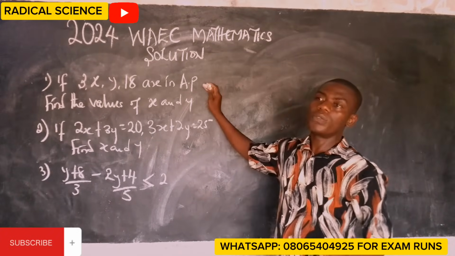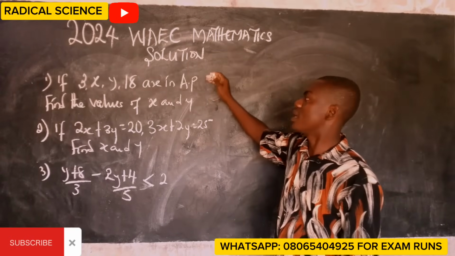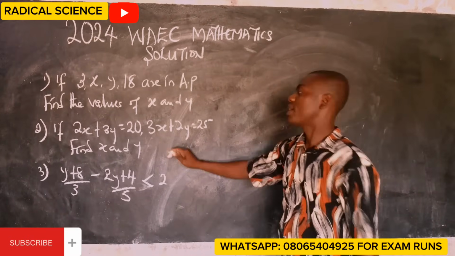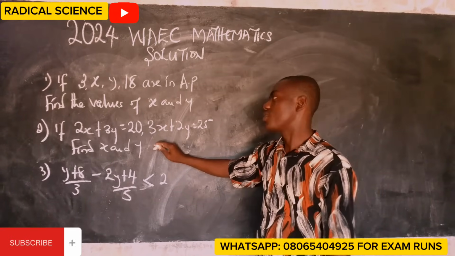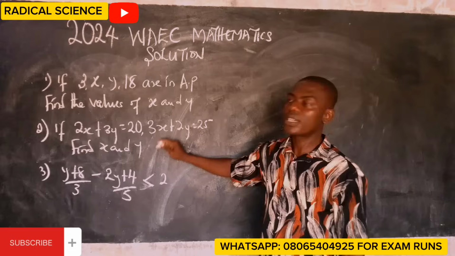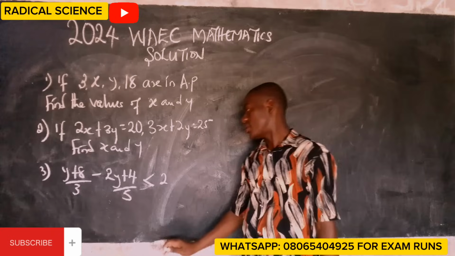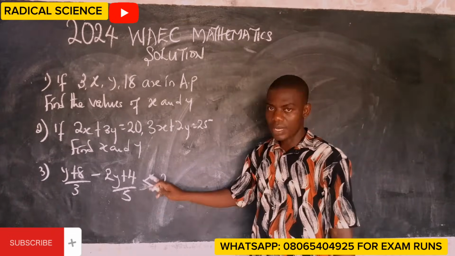Now, this, as you've known, is sequence. In sequence, it is arithmetic progression. Number 2 is simultaneous linear equation, which is part of algebraic expression. And this one is linear inequality, just because of this sign, a sign of inequality, which is less than.